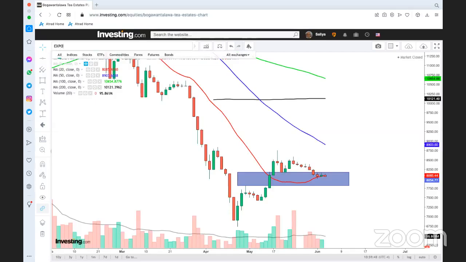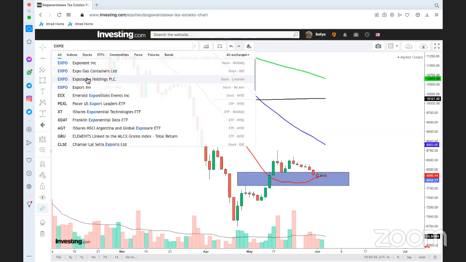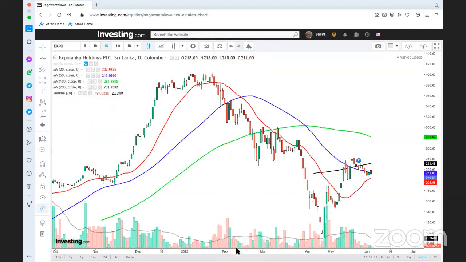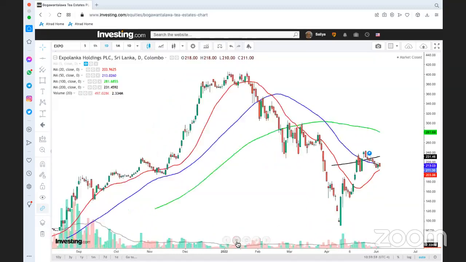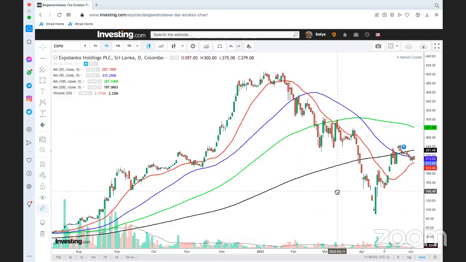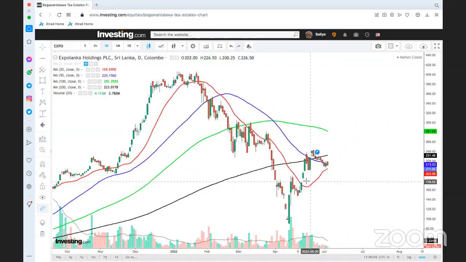Let's take Expolanca. Expolanca is at a critical stage. Why is it critical? Because you can see that the 20-day moving average has been broken and the price is now on the verge of testing, and this blue color is the 50-day moving average.